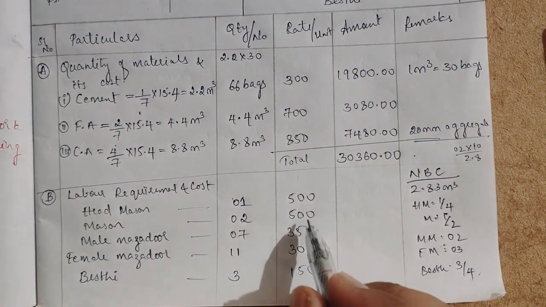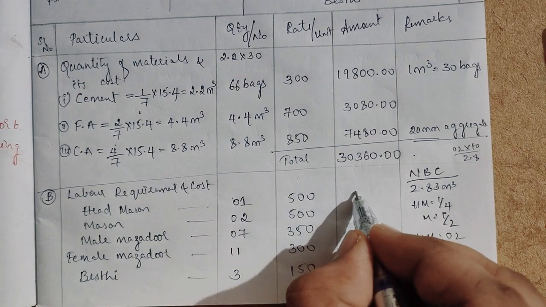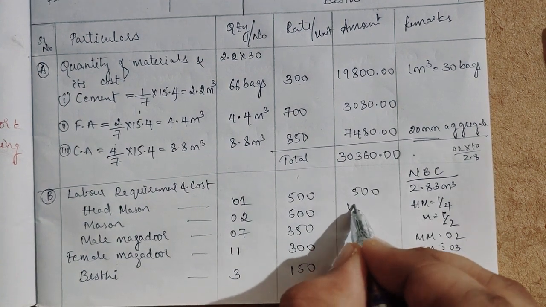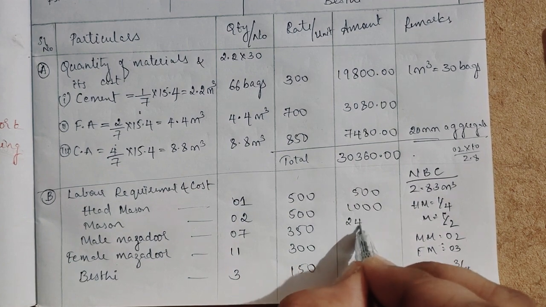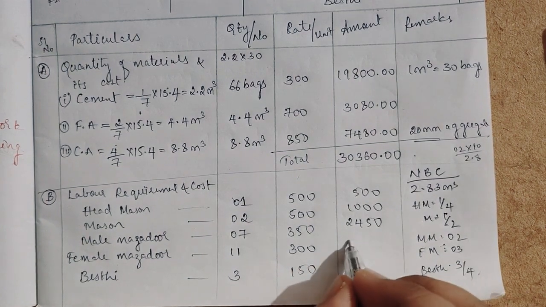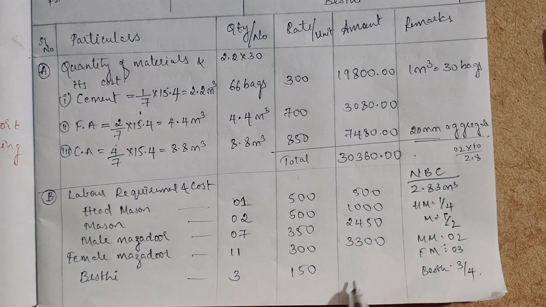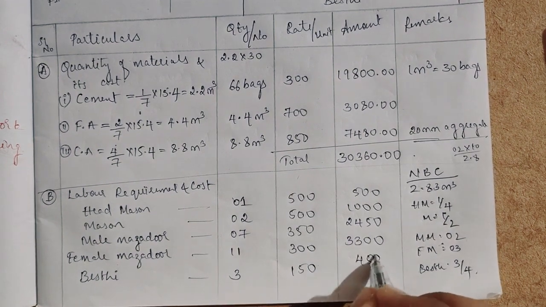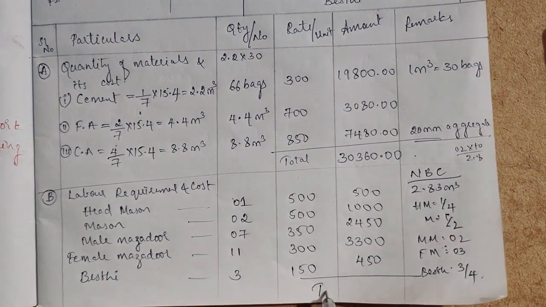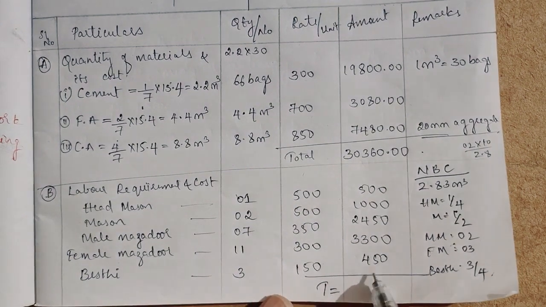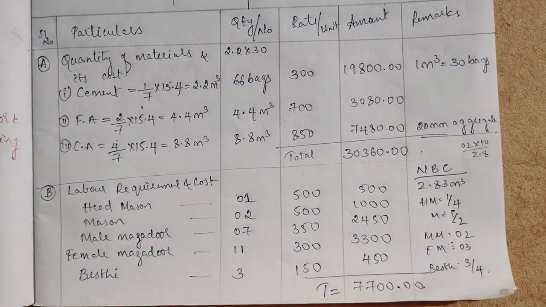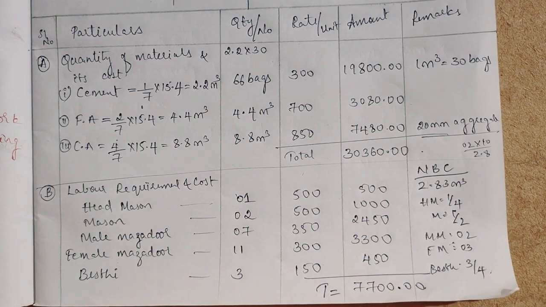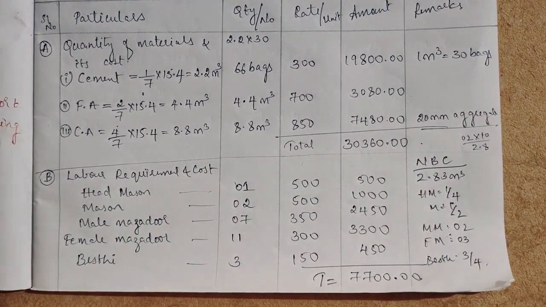Now 500, 500, then 2450, next 3300, next it will be 450. So total will be 7700 rupees for labor. So we calculated A plus B.